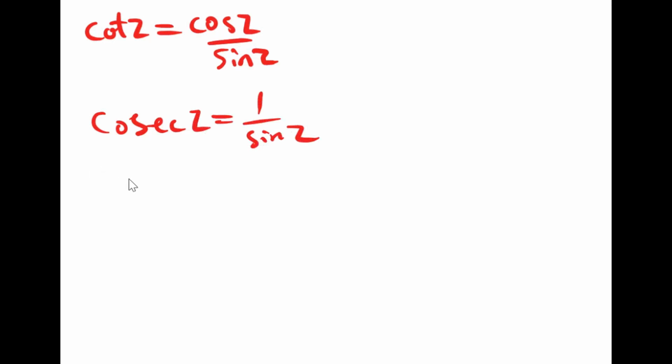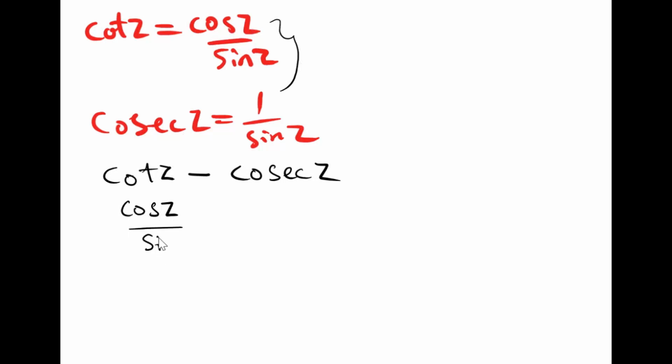This means that our numerator, which is cot z minus cosec z, is equal to cos z all over sin z minus 1 over sin z.